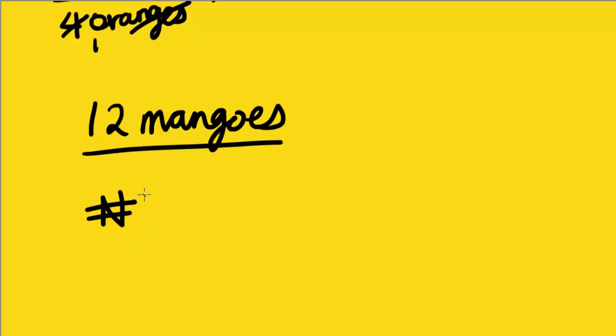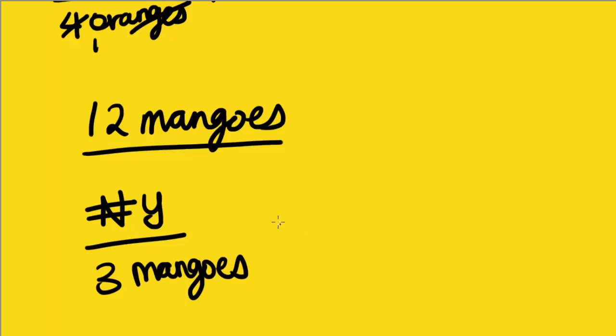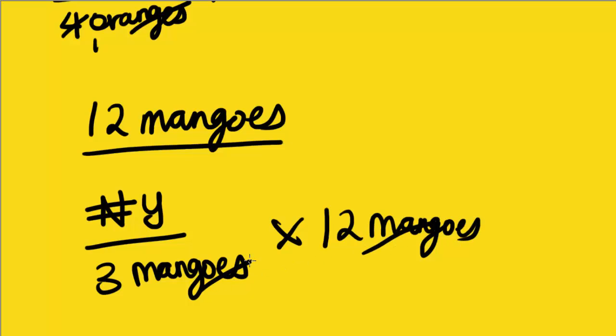So it was Y naira for 3 mangoes. And I want to know how much for 12 mangoes. Cancel mangoes. 3 here 1, 3 here 4. Therefore, 12 mangoes cost 4Y naira.